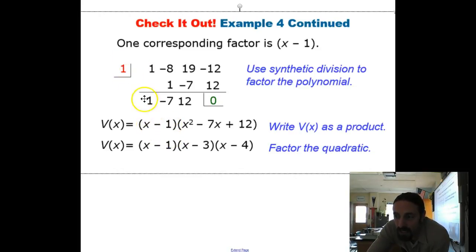And if you complete the synthetic division, right, this is the x squared, this is minus 7x, and this is 12. You know what the remaining polynomial is because you can multiply x minus 1 times this expression and you'll get your original equation. That often helps you get to the next step because then you say, oh, well, now I can factor that. That's just a quadratic trinomial, and it's the product of two binomials.